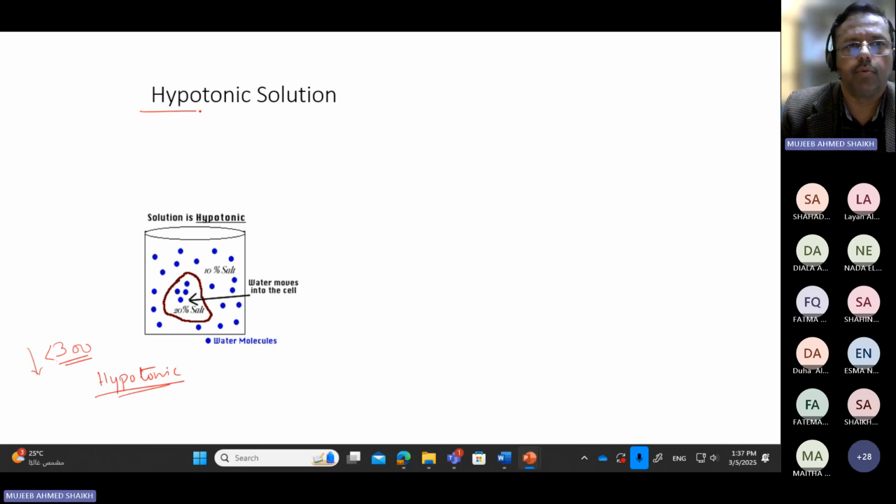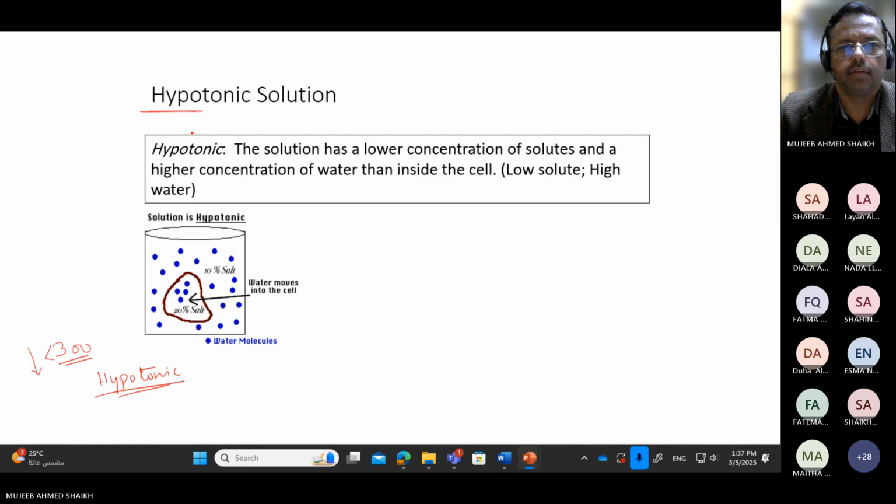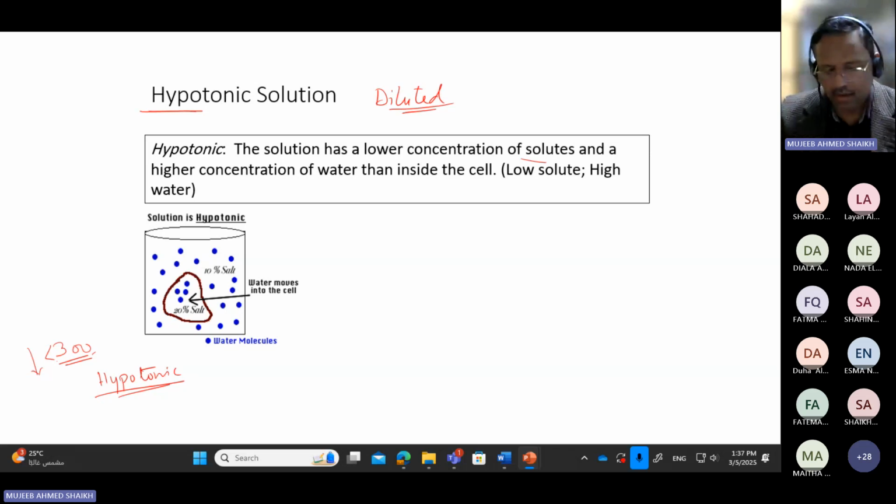In other words, if you are not remembering 300, the solute concentration is less. The solution has a lower concentration of solutes, a diluted solution. Hypotonic or diluted, which has more water and less salt or fewer molecules.